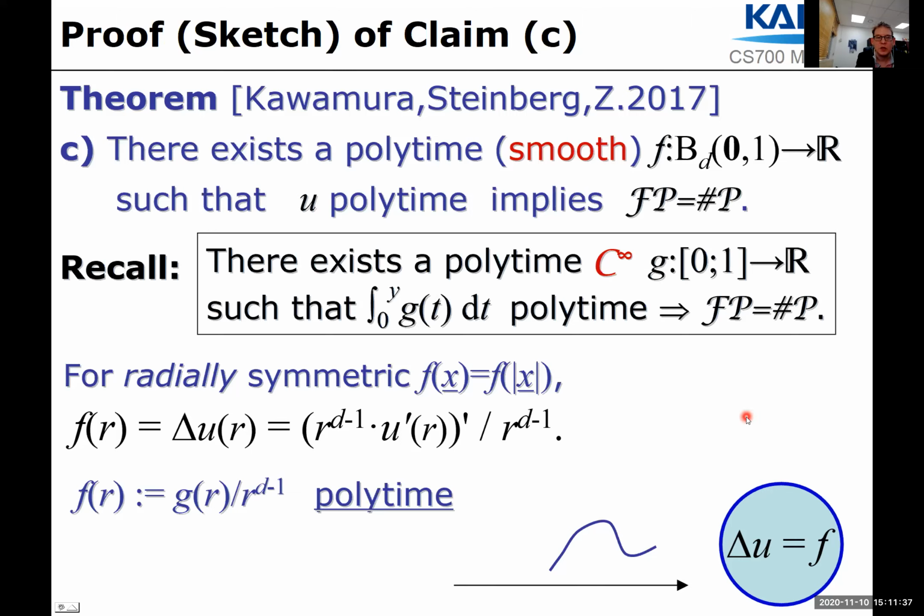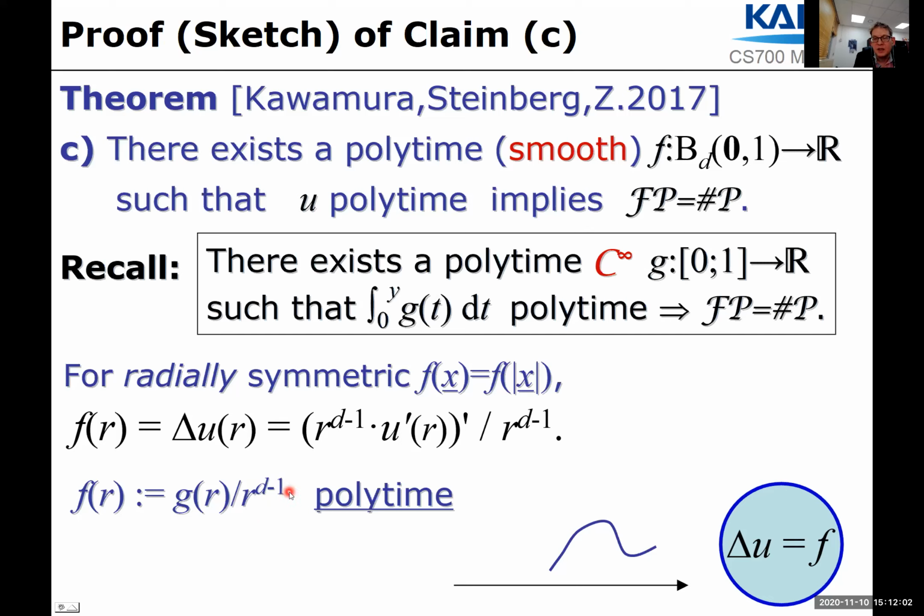Remember, we want to encode the function g, which is hard to integrate, into the right-hand side f, and Florian encodes it in this way. Take the function g and divide it by r to the t minus 1.